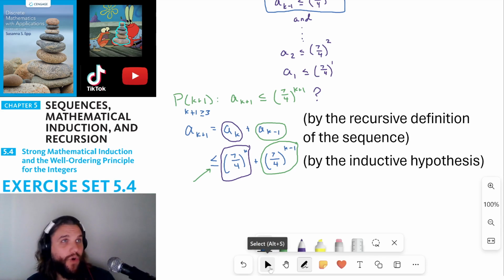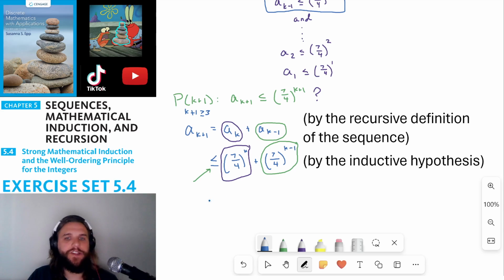Now, for those of you who are struggling with understanding why this inequality might be true, basically this is like taking the number 2 plus 4 and saying, well, this is less than or equal to 3 plus 7 because both of these numbers are bigger. And if you replace both of those numbers with bigger numbers, then you're going to get a bigger sum.